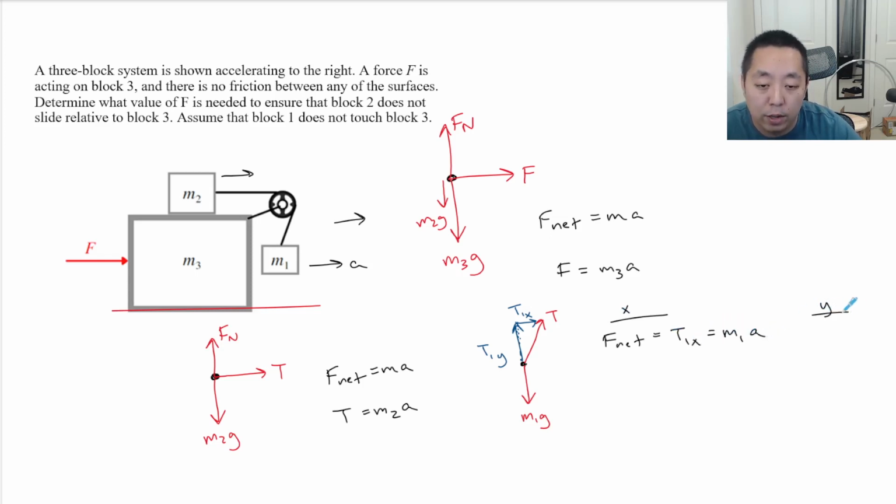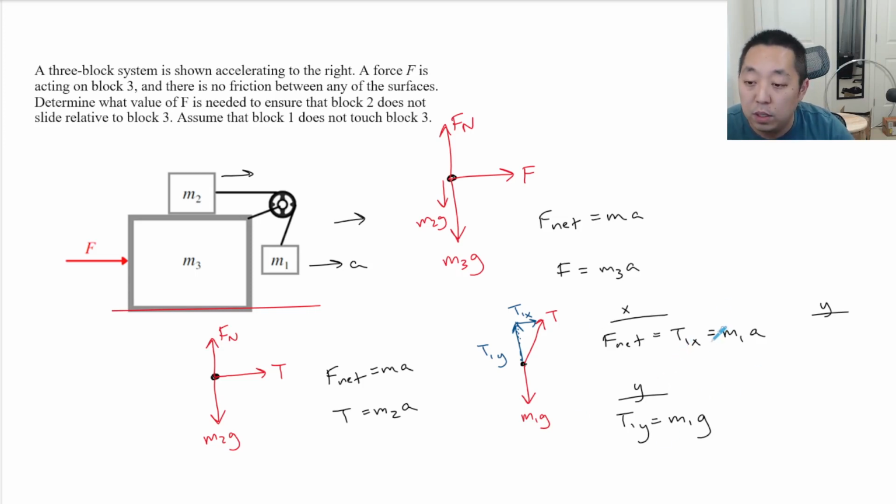And in the y direction, it's not accelerating up and down because we're pushing the block enough so M2 just sticks there. So M1 only accelerates to the right and doesn't fall downward. So in the y direction, T1y is equal to M1g. That's where we're at if you just look at the free body diagram of this situation.